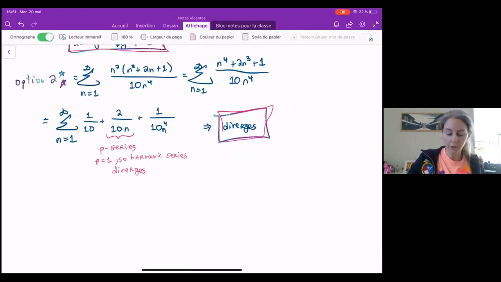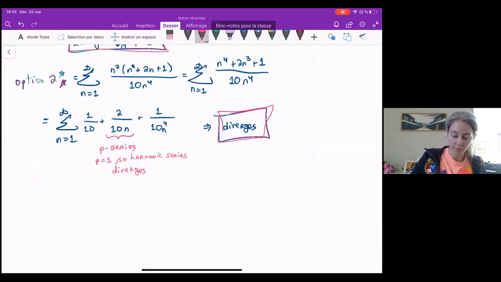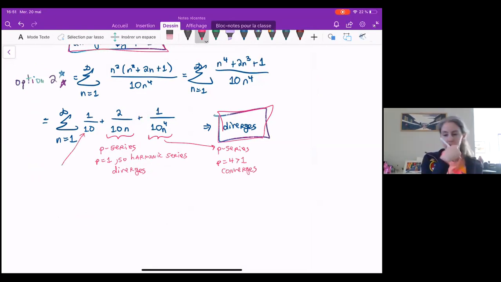What about this series right here? Does this one converge or diverge? This one converges. This is a p-series. P is equal to 4, which is greater than 1, so it converges. What about 1 over 10? Does that converge or diverge?